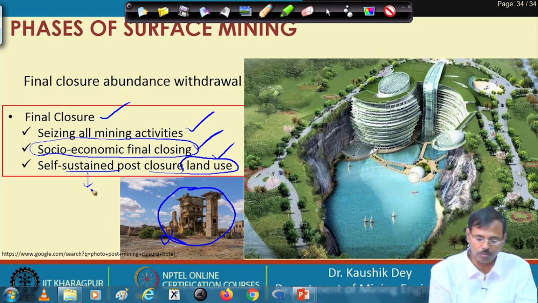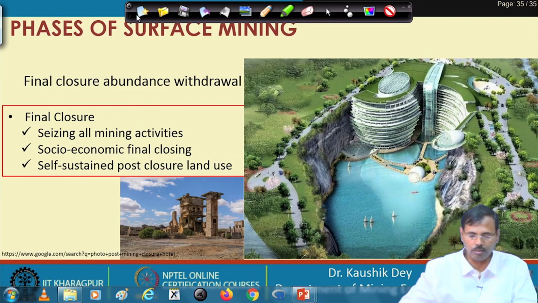And finally, the economic one means economic sustainability should be there, so that it is self sustained, whatever the income is coming, the expenditures can be maintained from that income. So, that is the economic sustainability of the post closure land use.